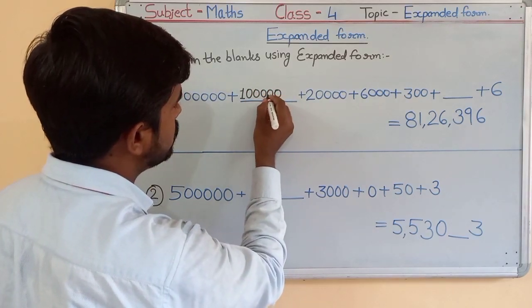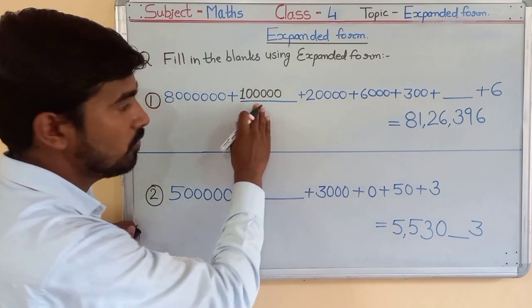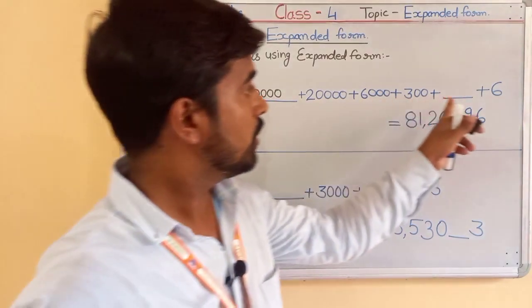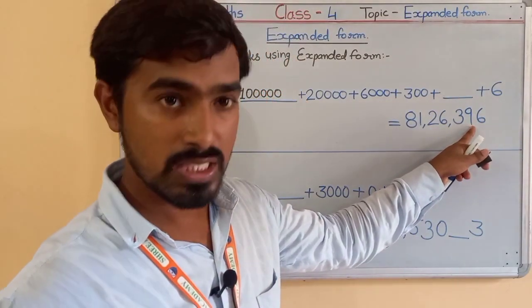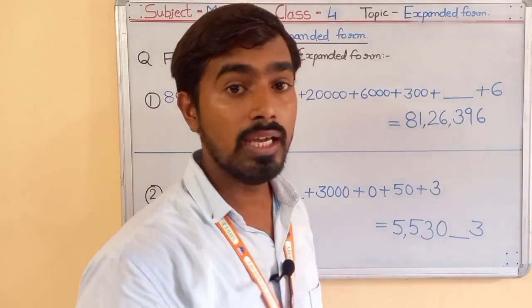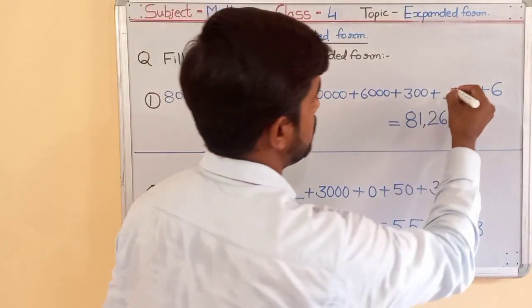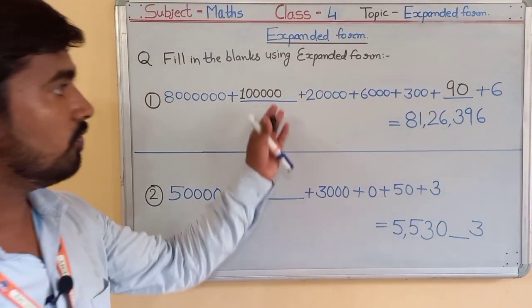Ones, tens, 100, 1000, 10,000, lakh. So this is the first fill in the blanks. Now here the tens digit is missing. On the tens we have 9. How many? 9 tens. You have to write here 90. Okay children, so this is your fill in the blanks.